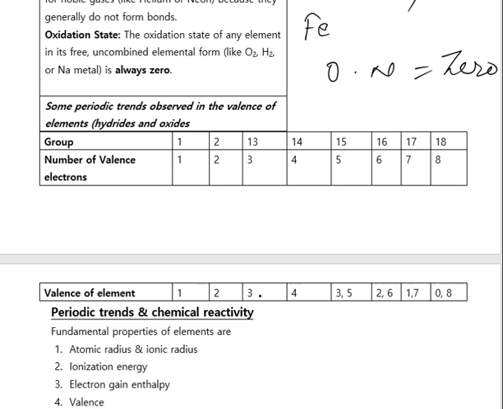But thereafter, for elements of the 15th group, in some cases the valence will be 3, but in some cases it may be 3 and 5. Similarly, elements of the 16th group, for example oxygen, sulfur, selenium, tellurium, will show a valence of 6 as well as 2. In most cases 2, but in some molecules they will show an oxidation number up to 6.